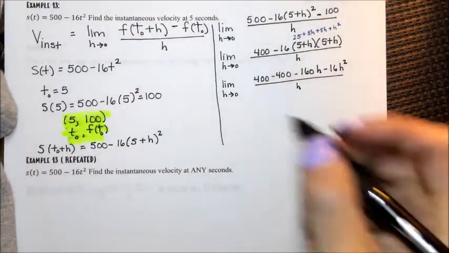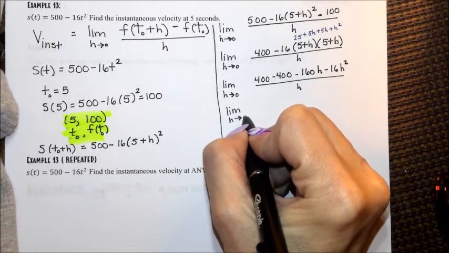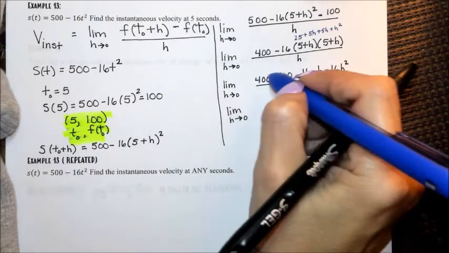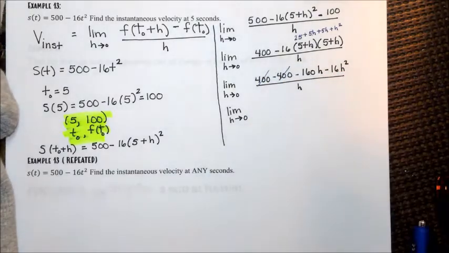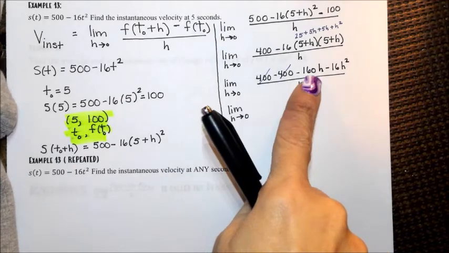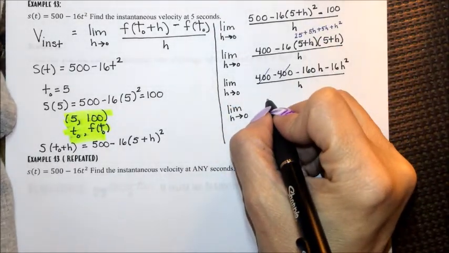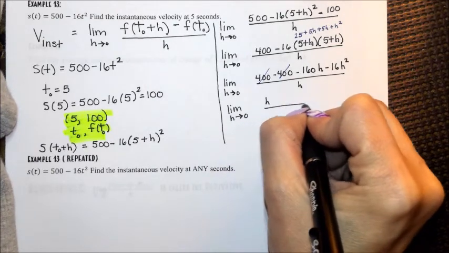This is just algebra here, so know that if you're a little bit lost, this is just algebra review. 400 minus 400, bam, gone. On this next line, I'm going to factor out that h, because it's all about canceling the h. I know I could factor out a 16, but there's no need to. I'm just going to take the h out of the top.